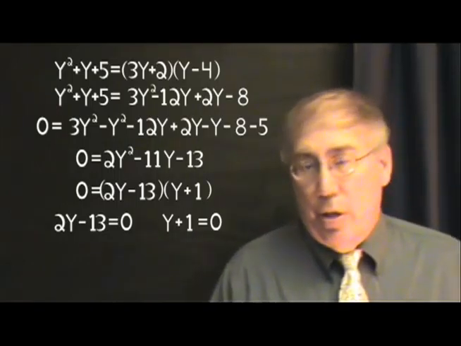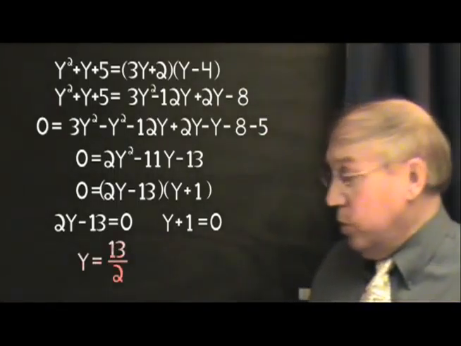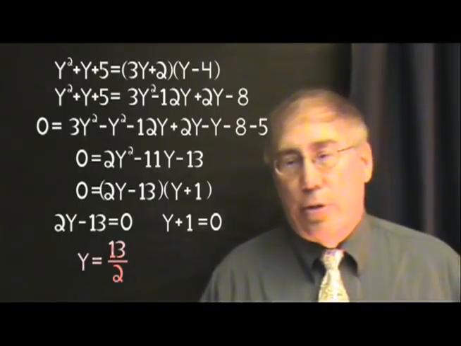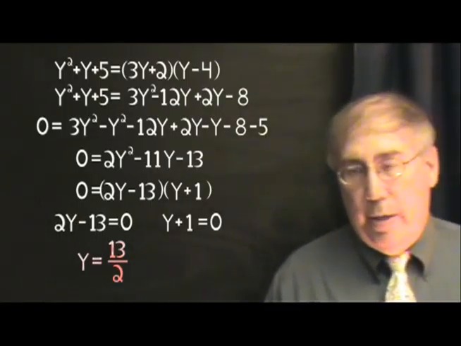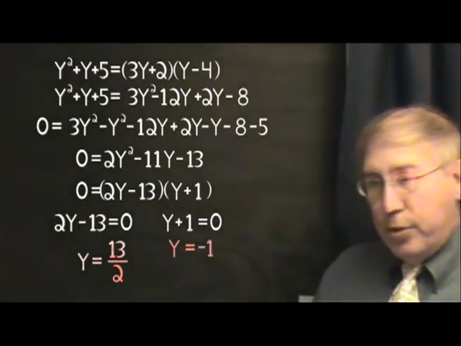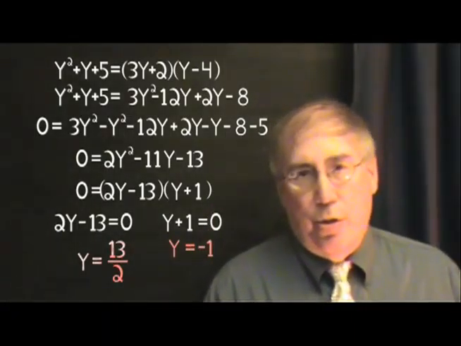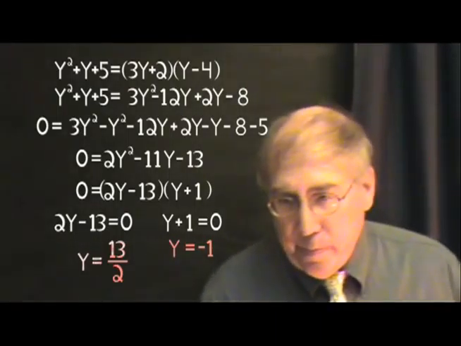We should end up with y equals 13 over 2 and y equals negative 1. If you put those back in the original equation, both sides should balance.